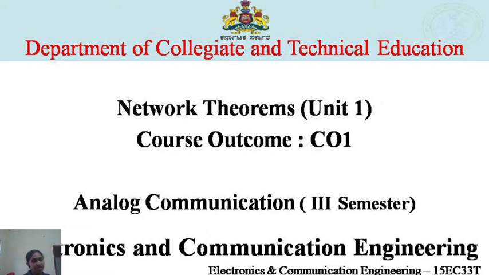An internal resistance of ideal voltage source is 0 and internal resistance of ideal current source is infinite. Further, the discussion was on introduction about network theorems and different types of theorems. This is the brief summary of our last session.